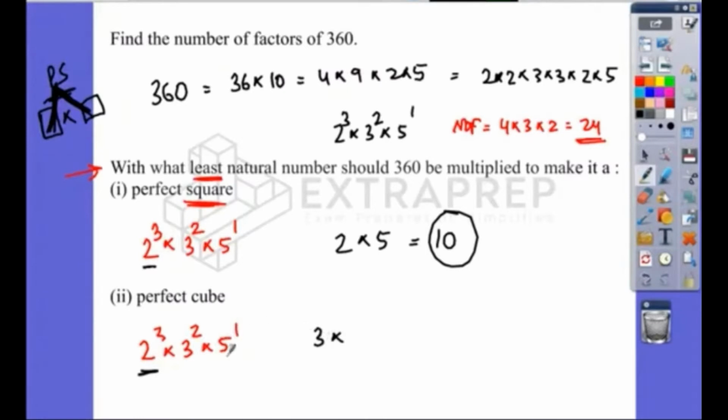Similarly, 5 power 1, can that be divided into 3 equal parts? No. What do we need? We need two more 5s. Then it becomes 5 cube and you can divide among 3 people. So this is 3 into 5 into 5, which is 75. If you multiply 360 with 75, it becomes a perfect cube.